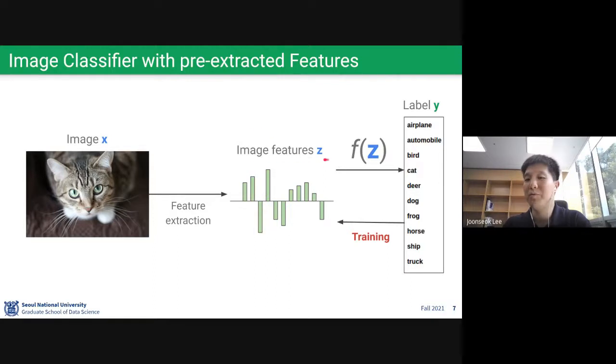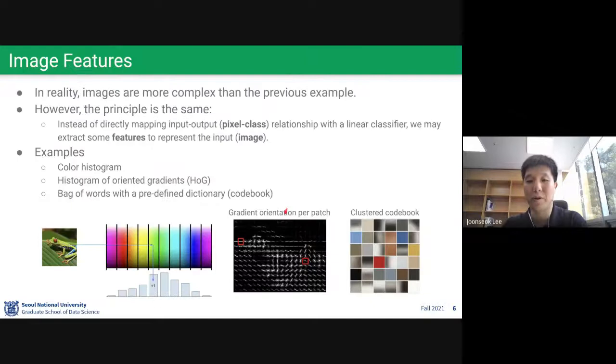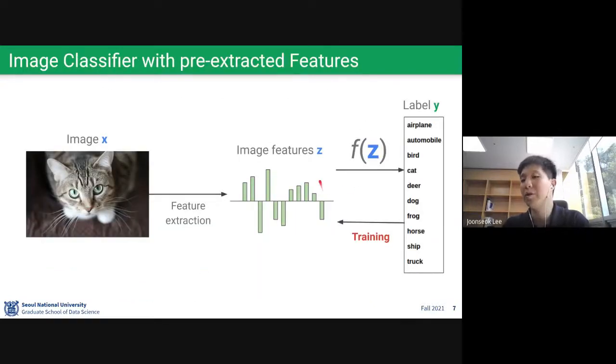So we have an image feature called z here, which may be a vector, like the histograms. Then we learn a classifier on top of this feature, and this function outputs the probability or score for each label. We train only this part. Based on the errors we have made, we update the model using stochastic gradient descent, and we repeat this only here. So this part is fixed, or frozen.